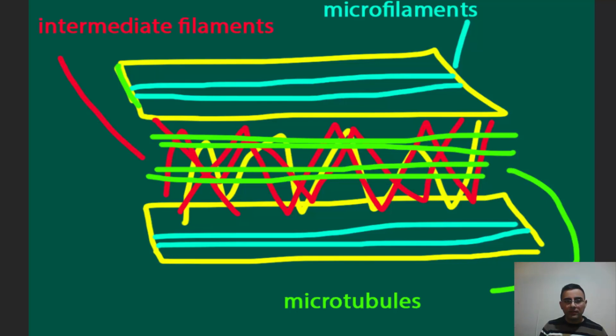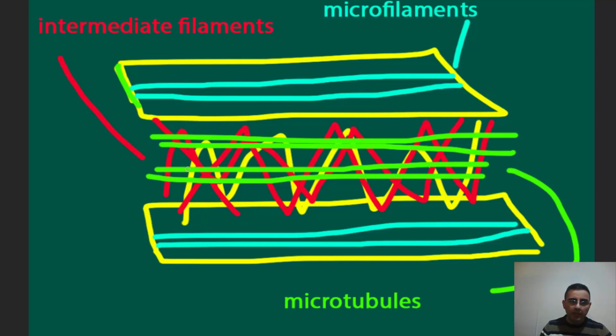If this is the outer layer of the cell, this is another outer layer, the opposite layer.